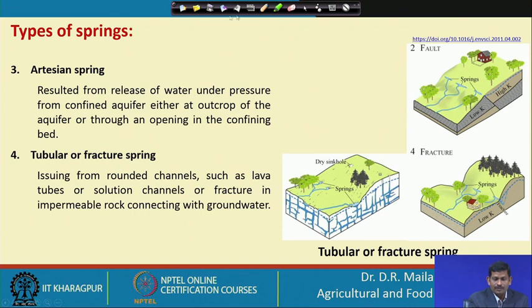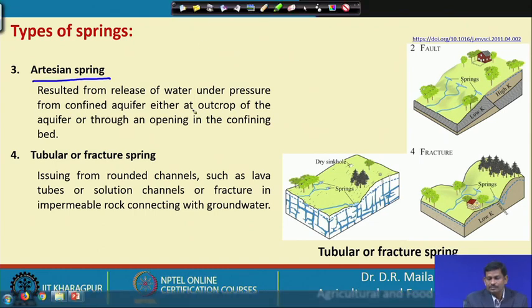The fourth one is the artesian spring. Similar to the artesian case, suppose here it is a high K, and here this is a low K, the low K and high K. Water, due to the high K, is going to pass through, but because of the low K it cannot penetrate down.